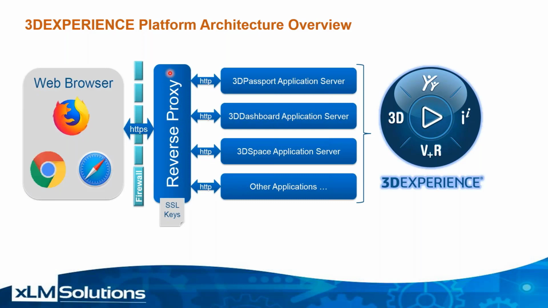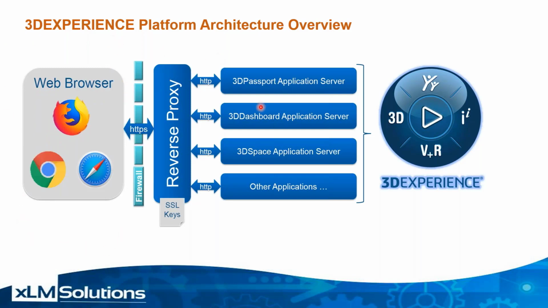Technically, from your reverse proxy layer to your 3D experience platform, this whole bunch refers to your internal network, and the firewall, the reverse proxy HTTPS layer and the certificates help you take care of attacks and everything coming from the web browser and the client side. This is an external network.